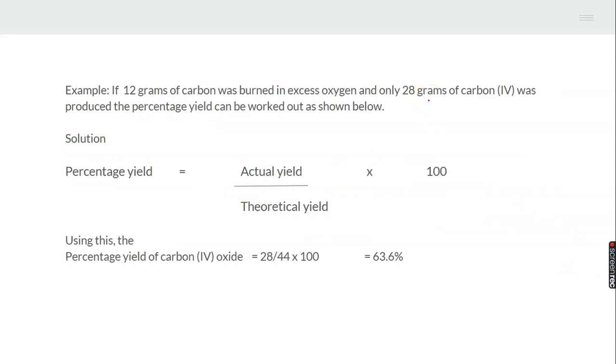So this is an example for you to have a look. The carbon you have been given is 12 grams, isn't it? And you were told that it was burned in excess oxygen and only 28 grams of carbon dioxide was produced.